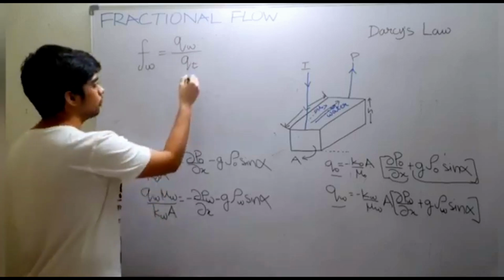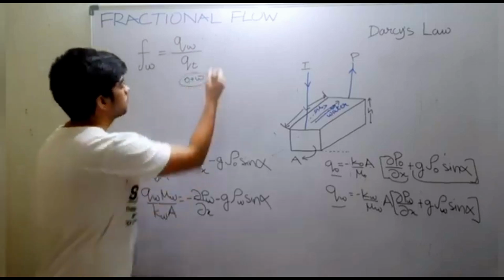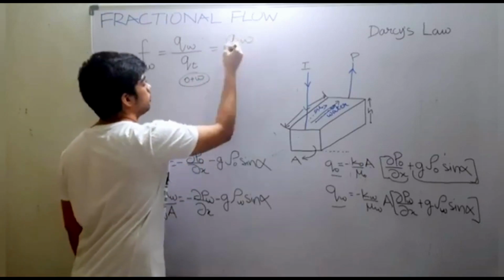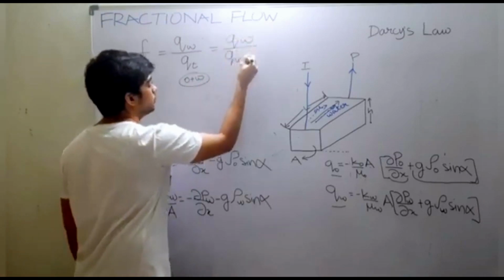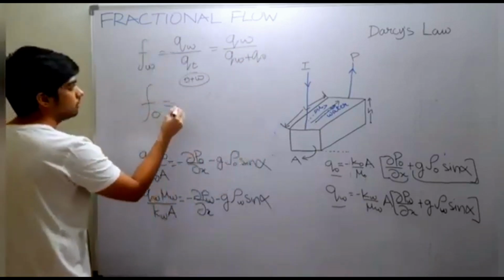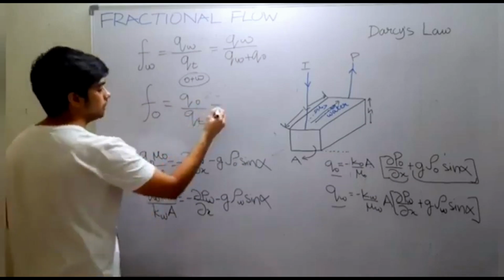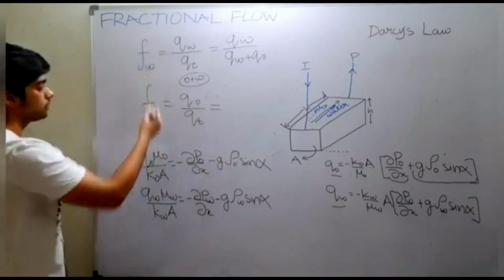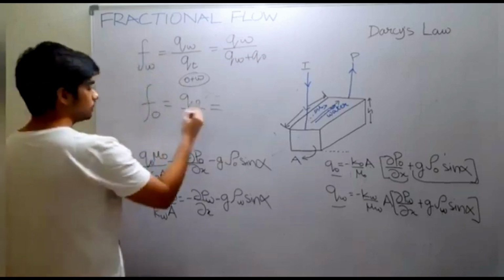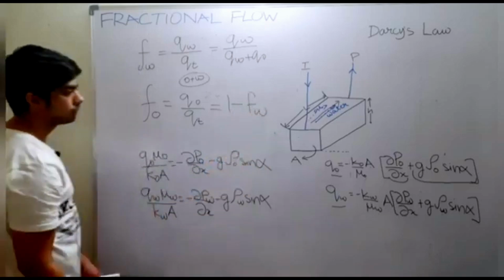Basically we have an oil and water system in most of the cases where we perform water flooding. So fractional flow of water will be equal to QW divided by QW plus QO. Similarly, fractional flow of oil can be written as QO divided by QT, and once you add up both of these terms, they will sum up to 1. So FO will be equal to 1 minus FW.